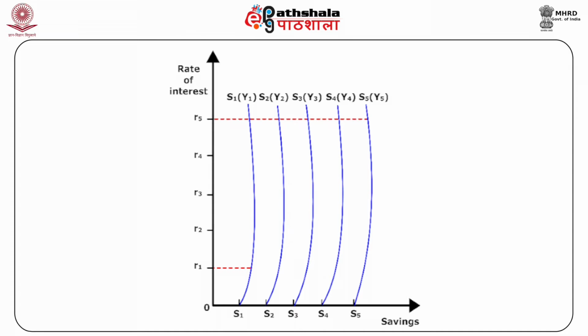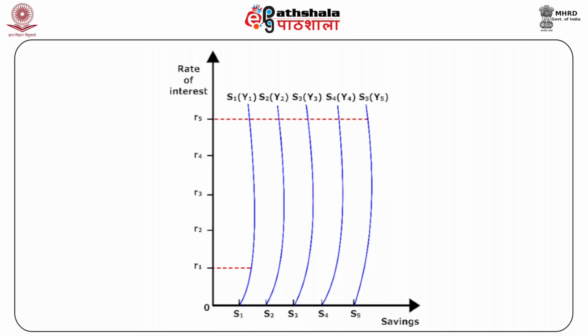You would notice that in the diagram, if we want to observe the effect of income on savings, then we have to move along the x-axis. When we move along the x-axis, the rate of interest is 0, therefore there is no change in the rate of interest. The savings function depends upon the level of income, therefore we choose some level of income y1.